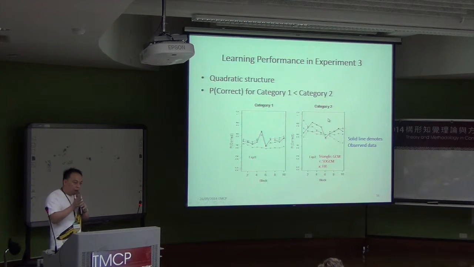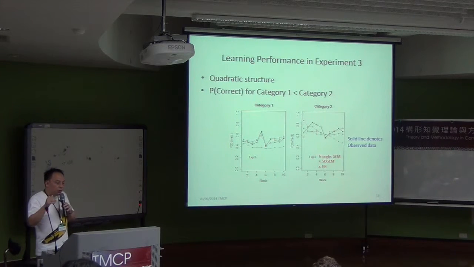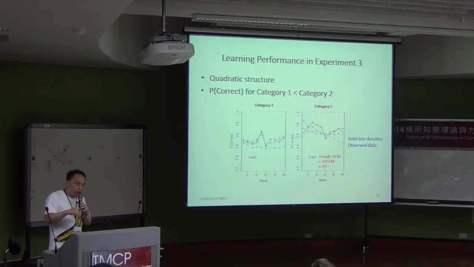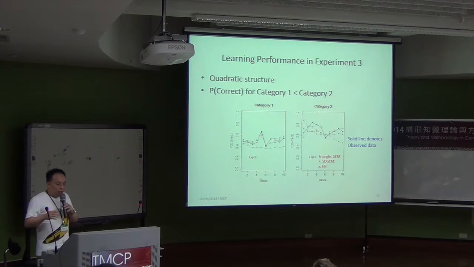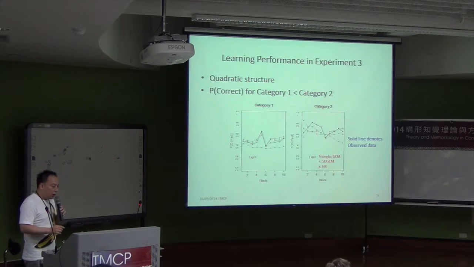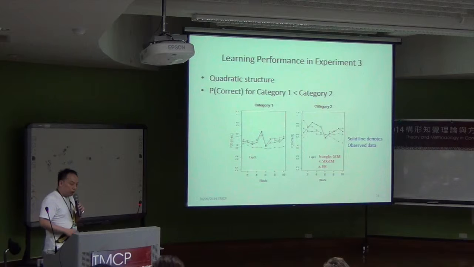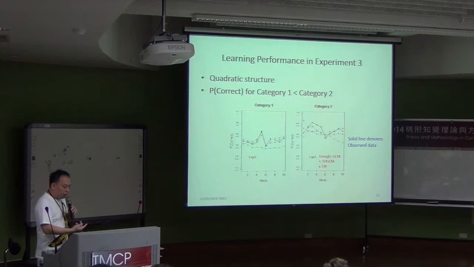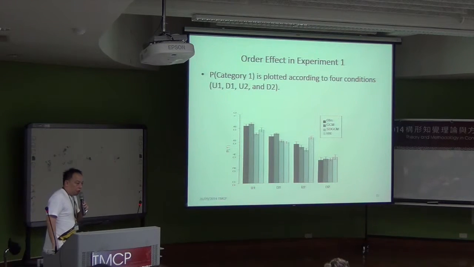But if you look at the first section, the trend is going down, it's descending, so you can expect that people will learn better in category 2. However, in the second section, the category structure keeps moving up. At that time, the high category should be learned better, but category 2 is also learned better. Okay.